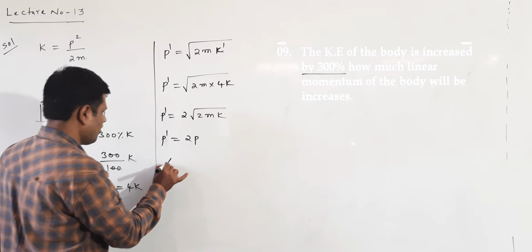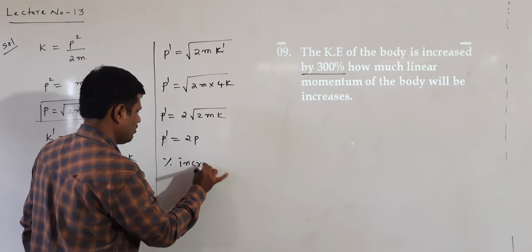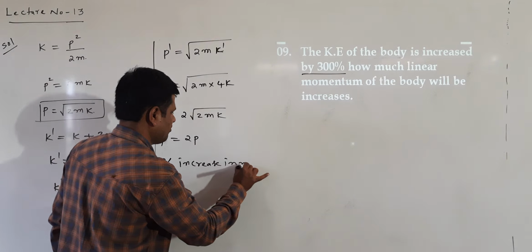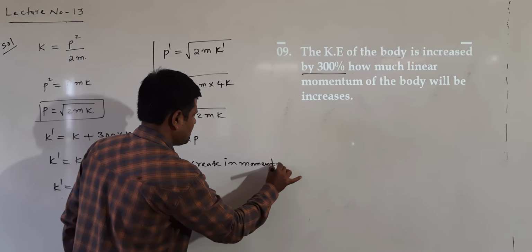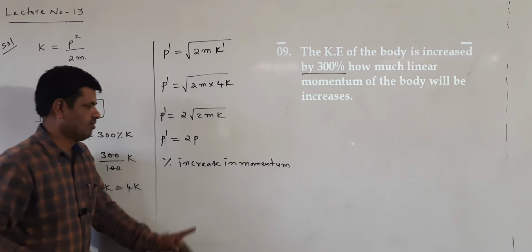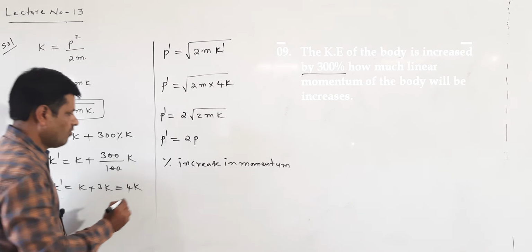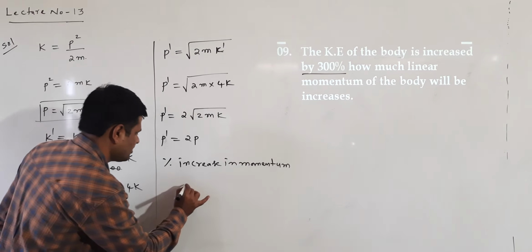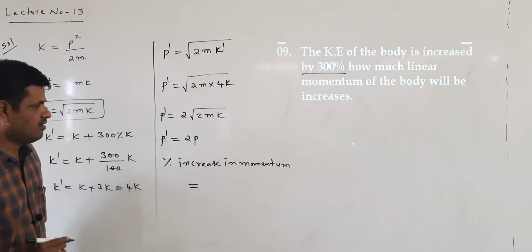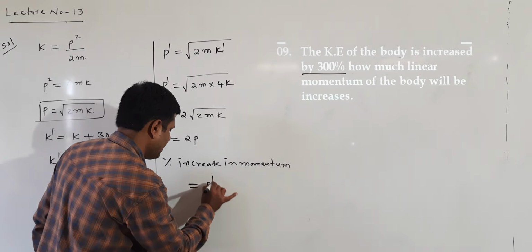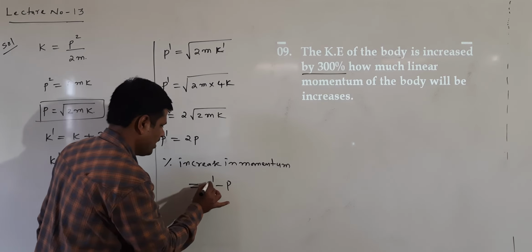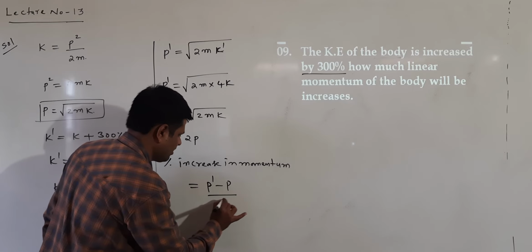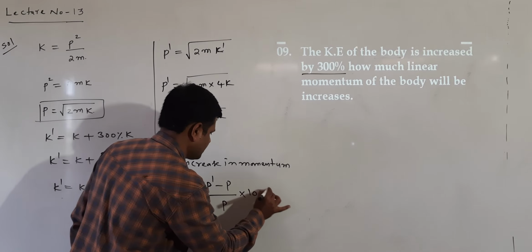Here we have to find the percentage increase in momentum. That we find like this: percentage increase in momentum is equal to P dash minus P, that is final momentum minus initial momentum, by initial momentum, into 100%.